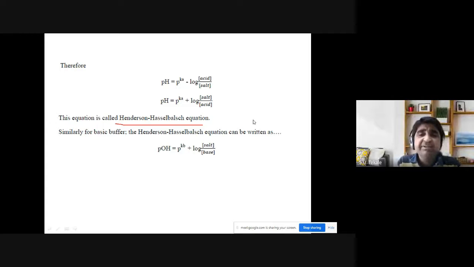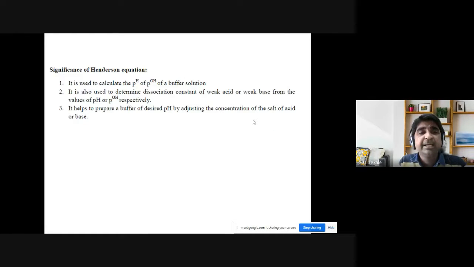So this was the derivation of the Henderson-Hasselbalch equation for calculating the pH of an acidic buffer. In a similar way, we can calculate pOH of a basic buffer by using an analogous example.